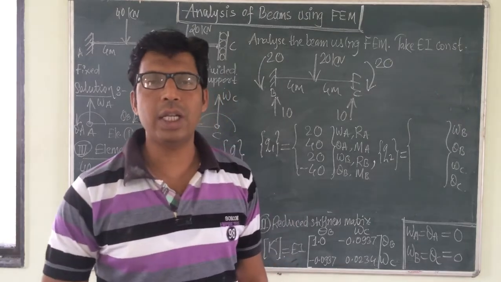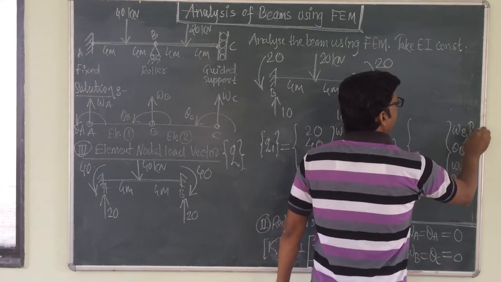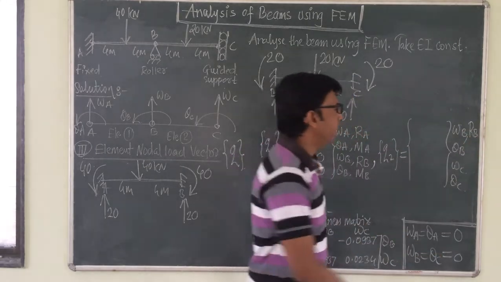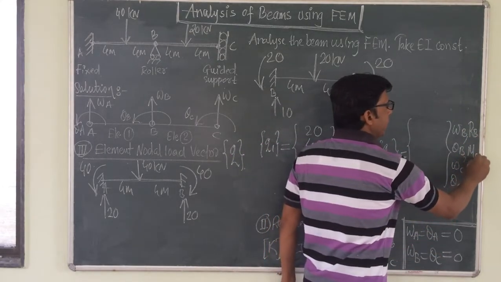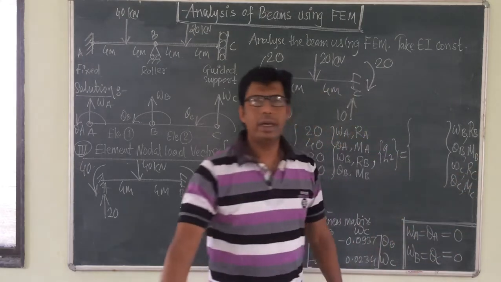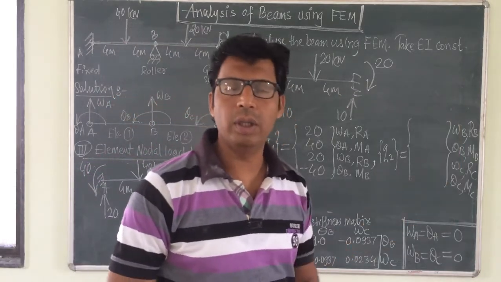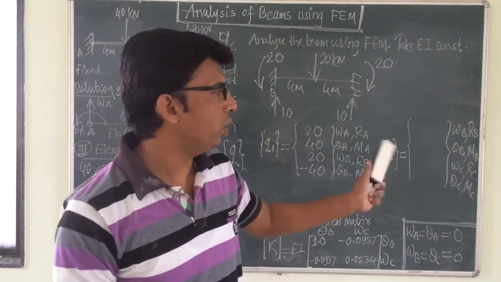The corresponding actions, the corresponding forces, are: first the reaction at B, then the moment at B, the reaction at C, and the moment at C. These are the 4 actions corresponding to the displacements.